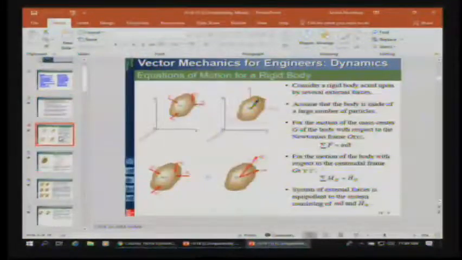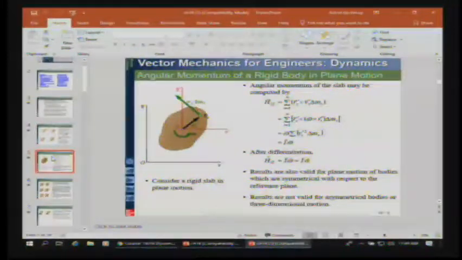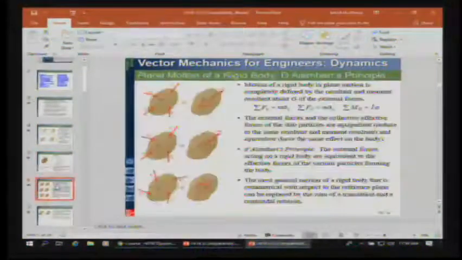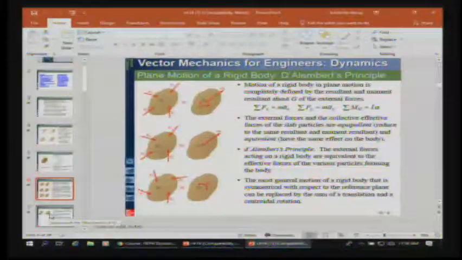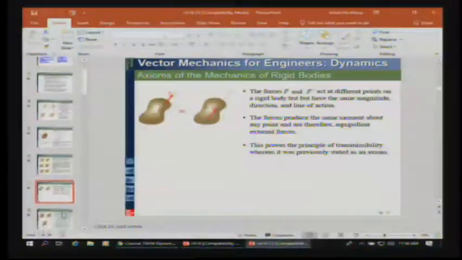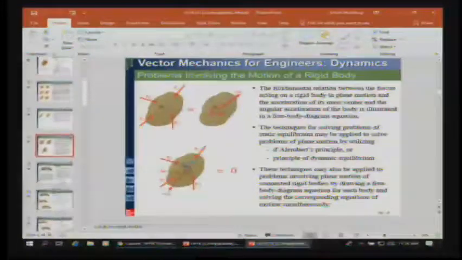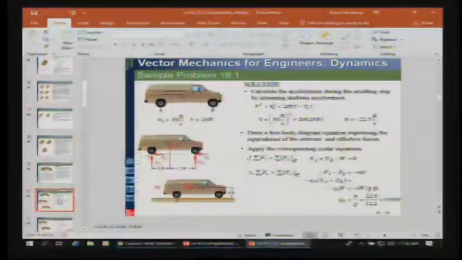So I've got that the force is equal to mass times acceleration. Those results are valid for plane motion which is symmetrical. mg is equal to I bar alpha. That's where I keep coming back to in the discussion. But the answer is that we don't really have any alpha in this problem.